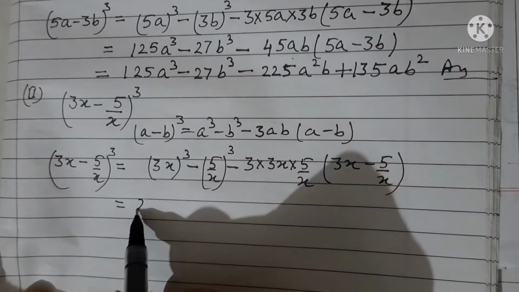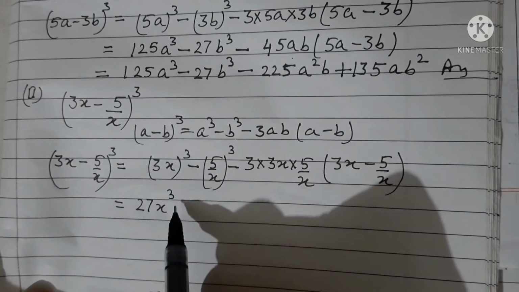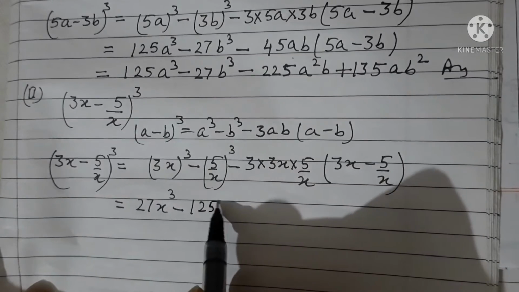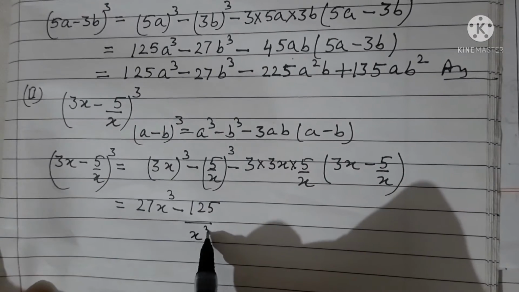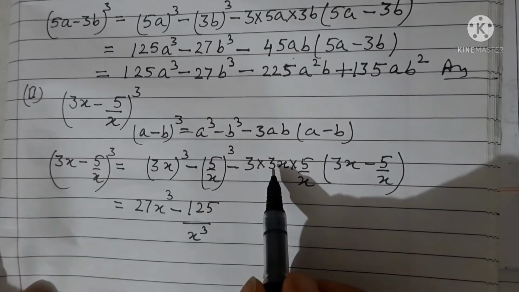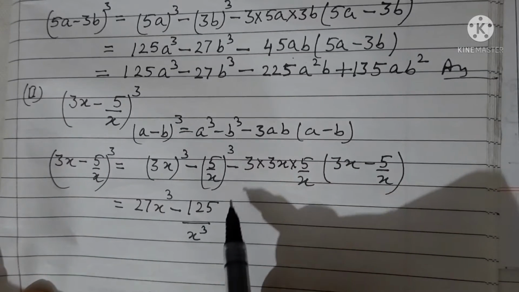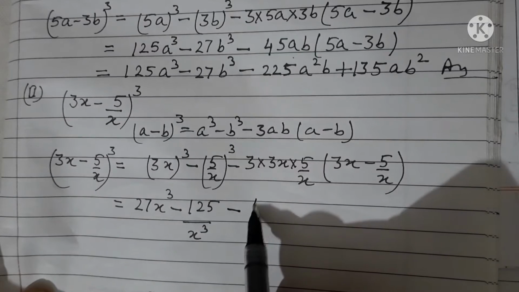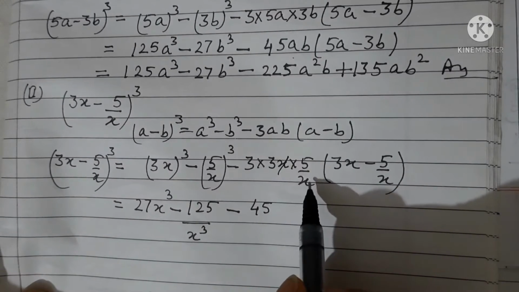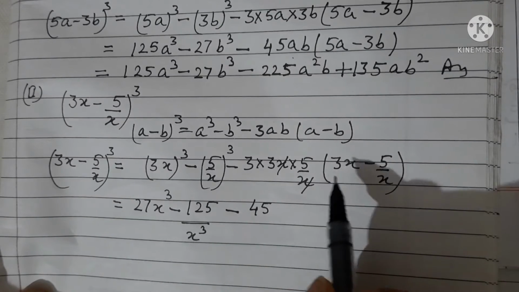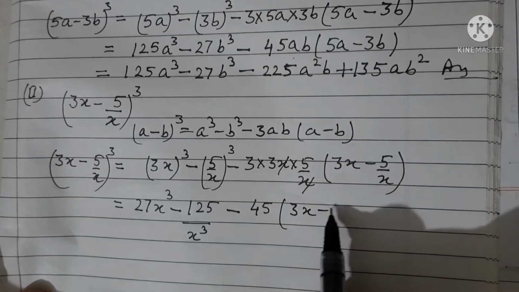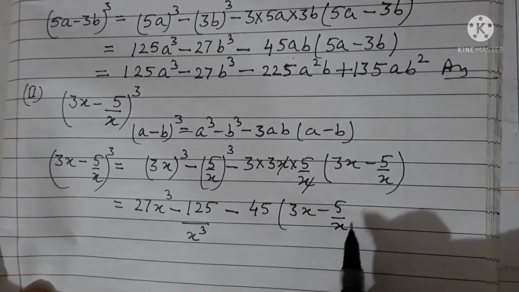3 3s are 9, 3s are 27, x cube minus 5 5s are 25, 5s are 125, x cube. Now here 5 3s are 15, 3s are 45 minus 45, and x cancel. Here 3x minus 5 upon x.